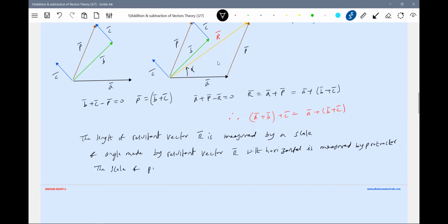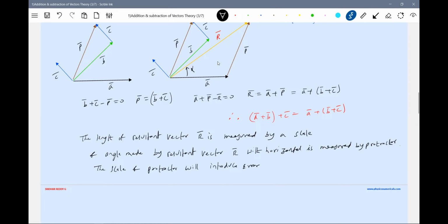The scale and protractor will introduce errors. These are measuring instruments, so definitely they will have error.